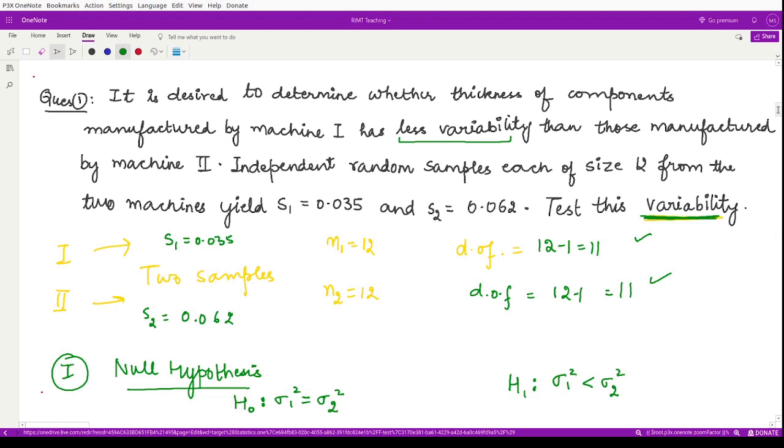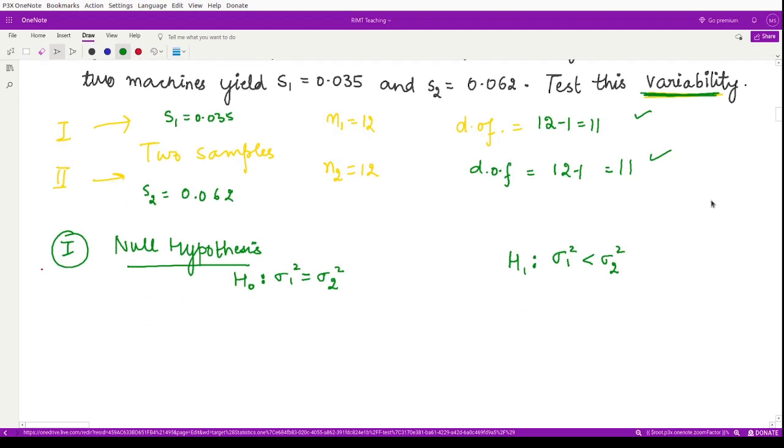According to these hypotheses, next we will compute our F. For the formula, see which of S1 and S2 is greater. S2 is greater here as compared to S1. So accordingly the formula is S2 square divided by S1 square, that means the variance of the second machine divided by the variance of the first machine.